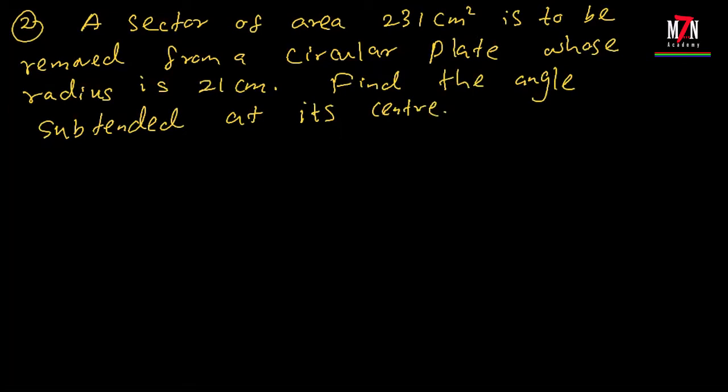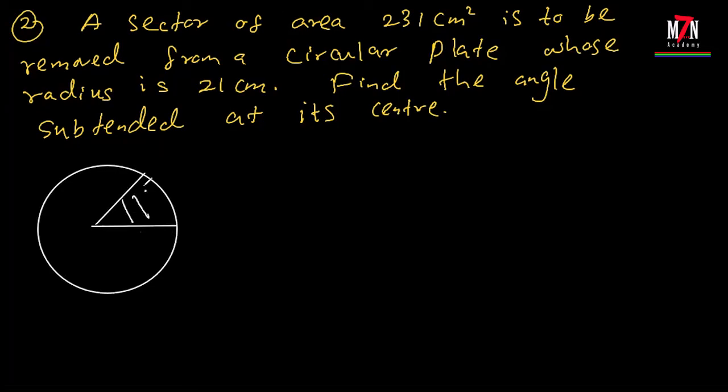Now we should find the angle. So what we have, if this is the circular plate, and this is the sector, then the area of this sector is equal to 231 square centimeters. So we can use the equation area A is equal to r squared theta over 2.